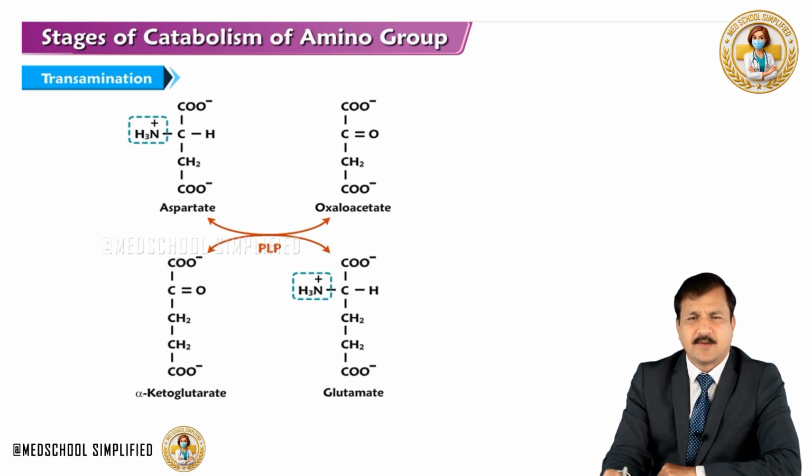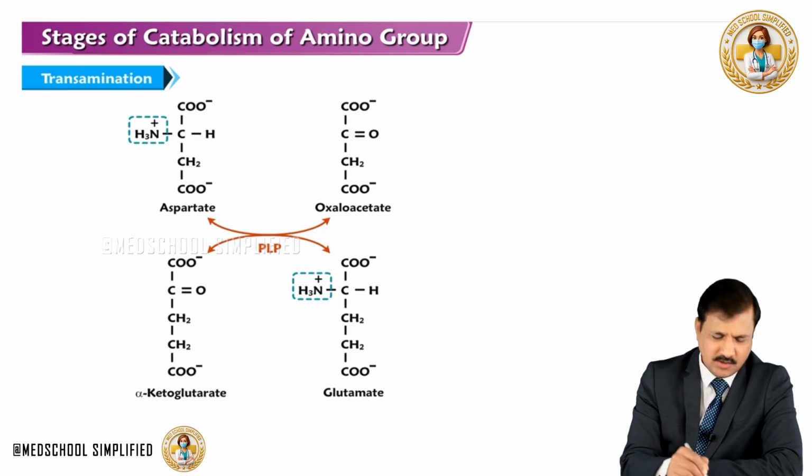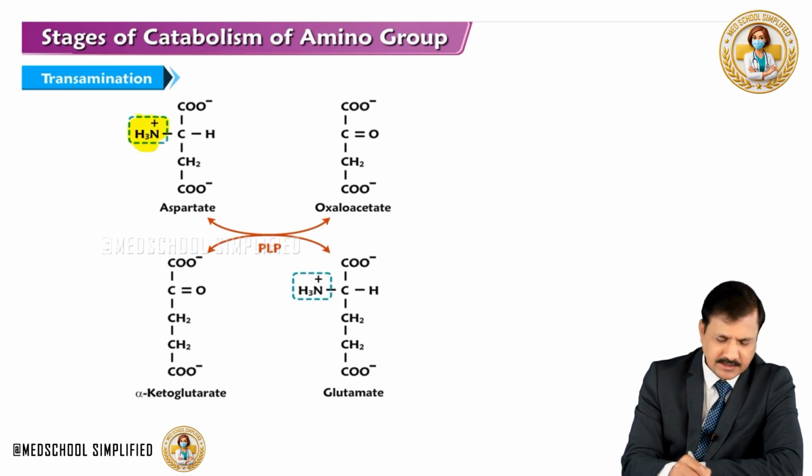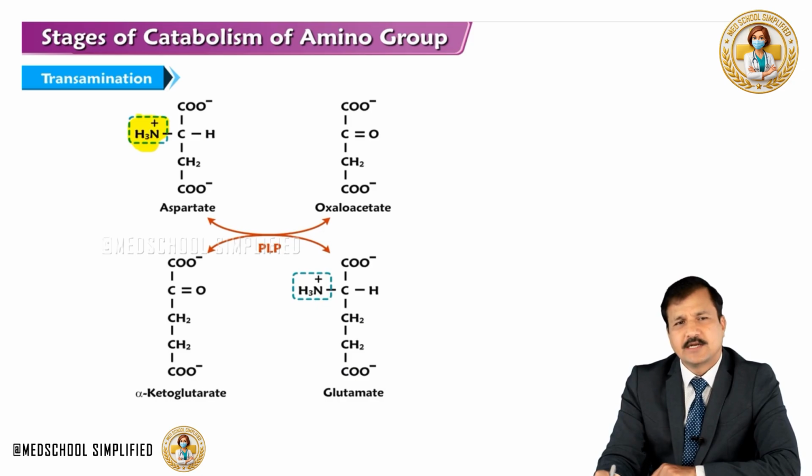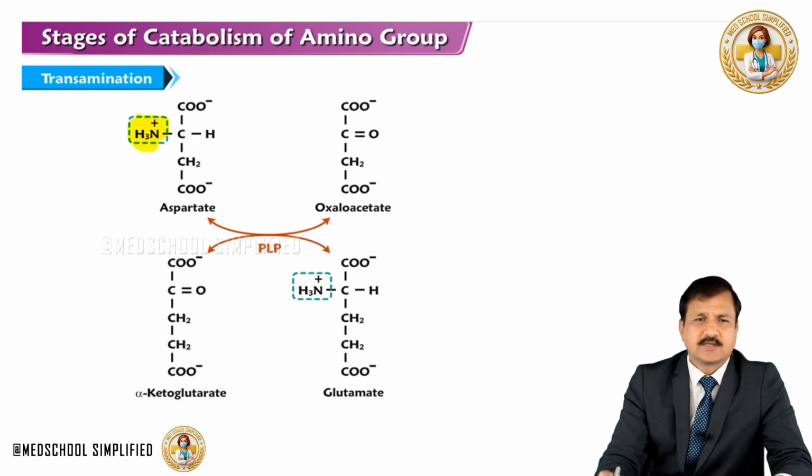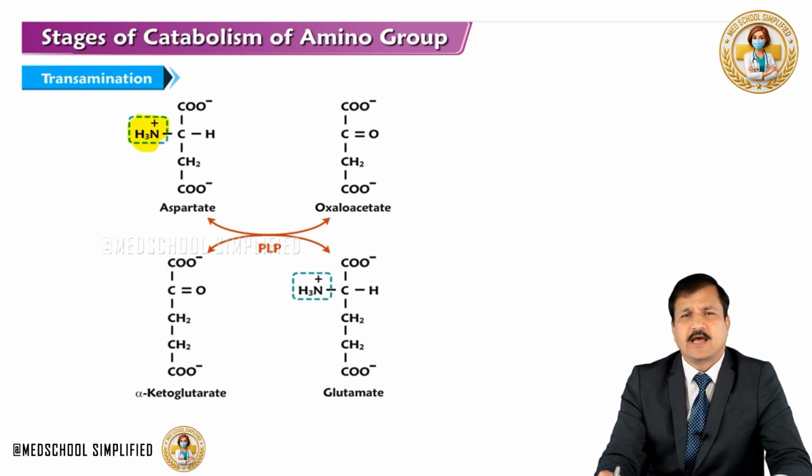Pyridoxal phosphate is the common thing. I already explained to you the role of pyridoxal phosphate. Now our amino acid of interest is aspartate. So I'm going to color or highlight the amino group of aspartate. Let's track that: the amino group of aspartate undergoing the transamination reaction. I told you the acceptor of the amino group during a transamination reaction is always α-ketoglutarate, which is a TCA cycle intermediate.